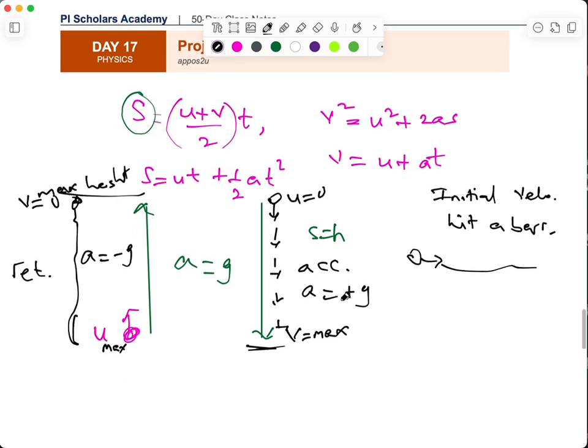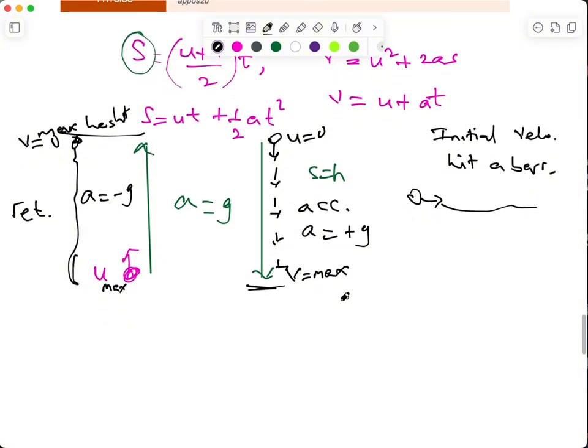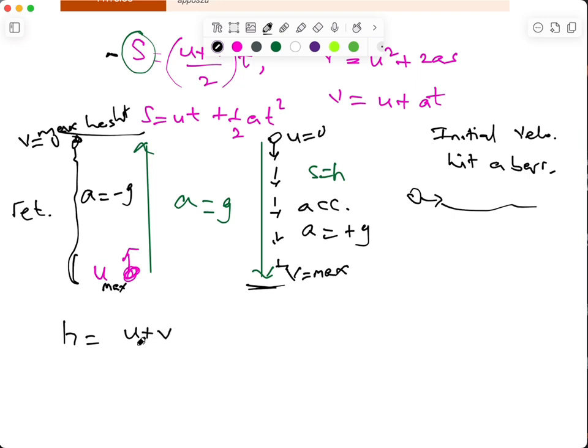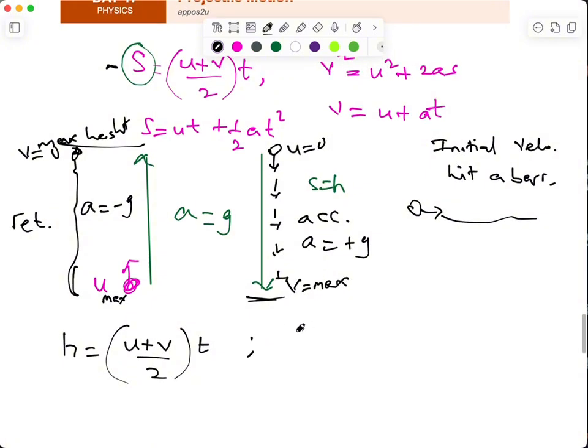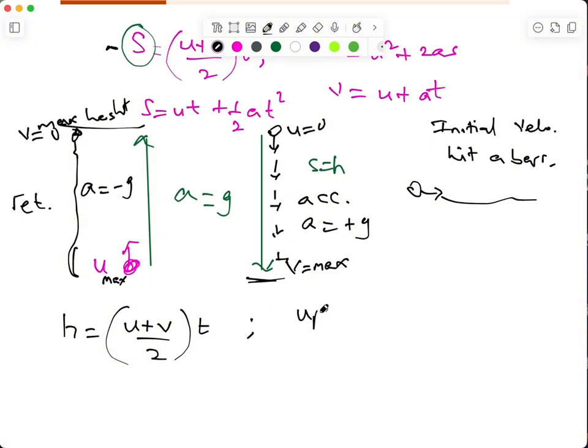So we can fine-tune each of these equations of motion now. For the first one, we can say now that h equals u plus v over 2, multiplied by t. So the only thing that's changed here is s to h. In the case of v squared equals u squared plus 2as, if the body is going up, like we have said, that's a retardation.